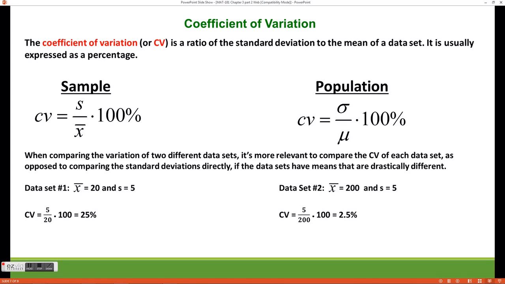There is less variability for the millionaire, relatively speaking. The coefficient of variation takes that into account. Having a standard deviation of 5 in dataset 1 means there is a lot more variability relative to the size of the data when comparing to dataset number 2.